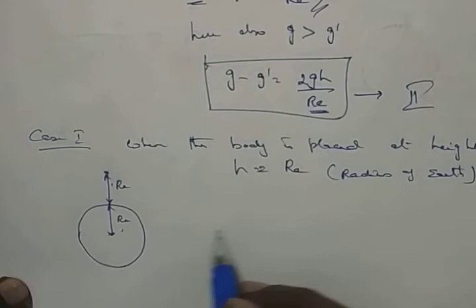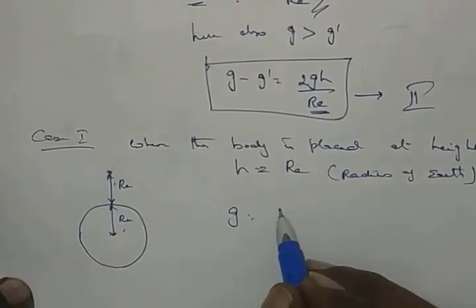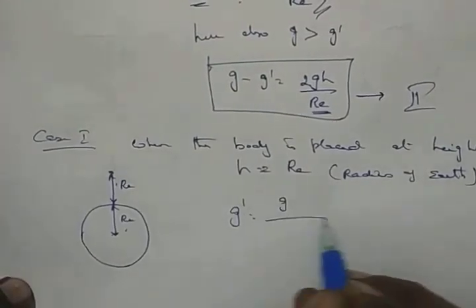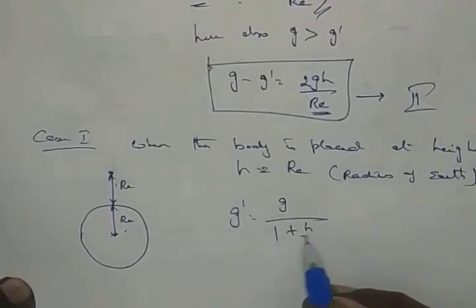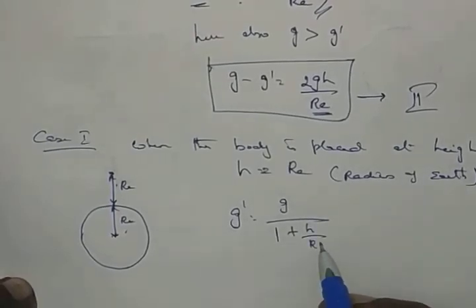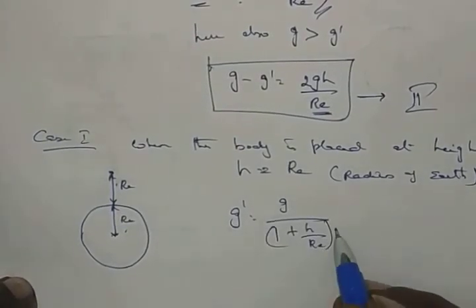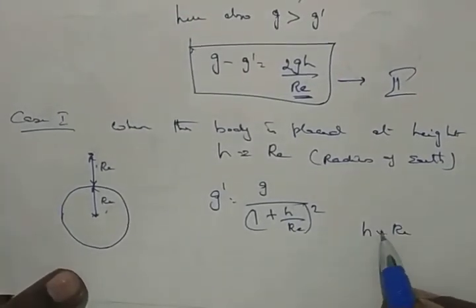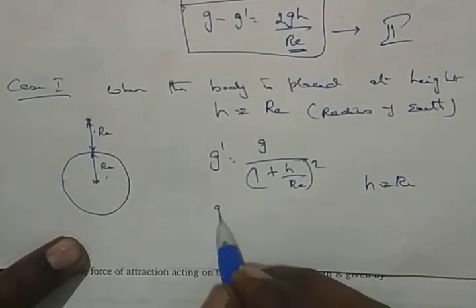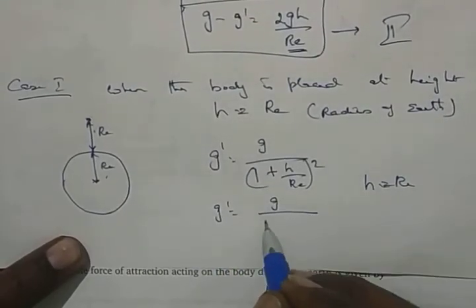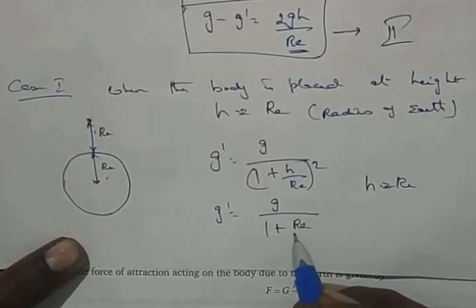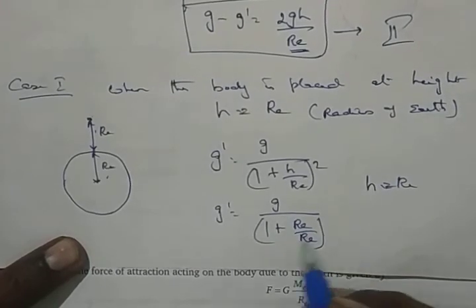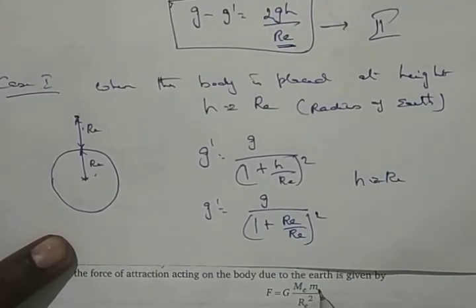Going for the first equation, G dash is equal to G upon 1 plus H upon RE the whole square. Here H is going to be equal to RE. Put this value. So G dash is equal to G upon 1 plus RE upon RE the whole square.